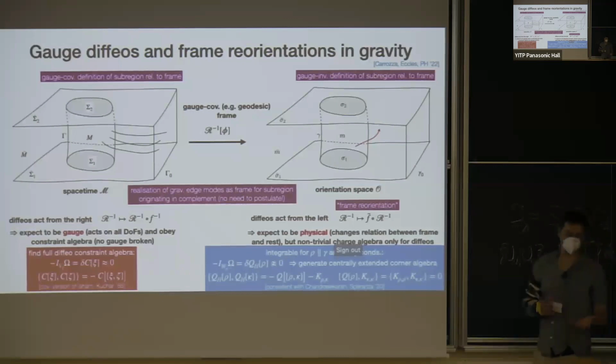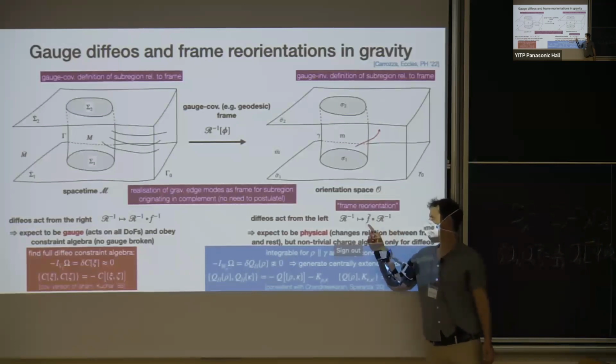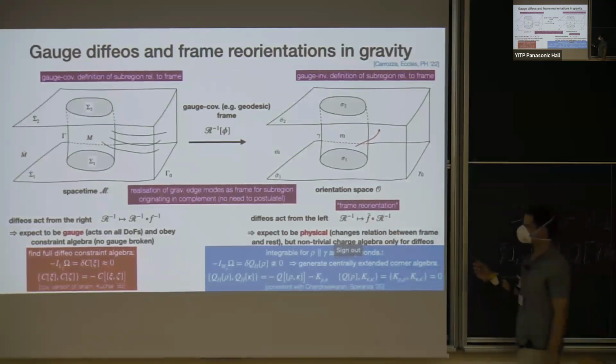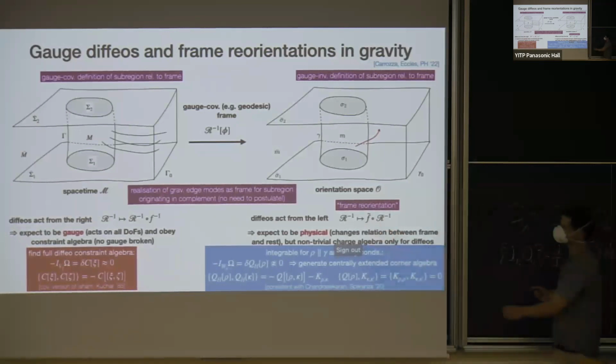But maybe somewhat more interestingly, about the charges you were asking for: when you look at field space vector fields that generate transformations like this, they should be tangential to the space of solutions. Whether you get nice charges or not depends on whether these diffeomorphisms on the orientation space are tangential to the region or transversal. If they're transversal, you get open system dynamics, non-integrable charges.